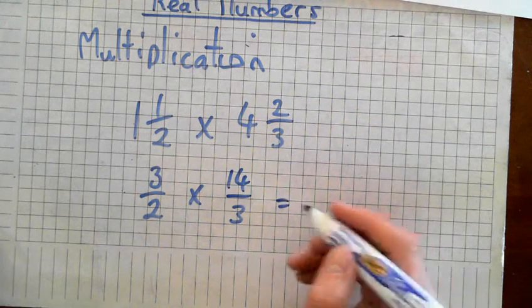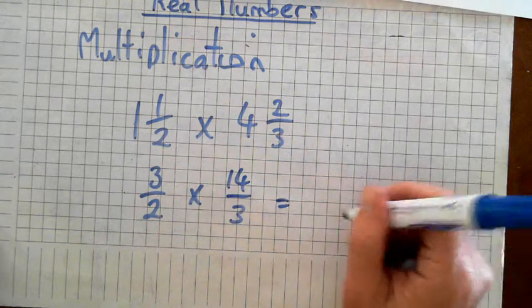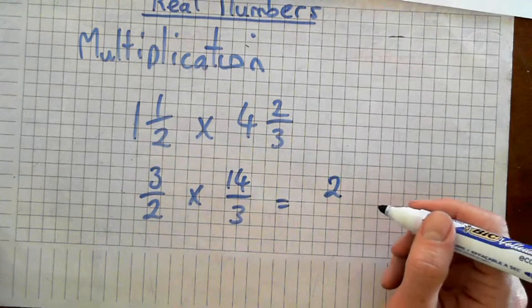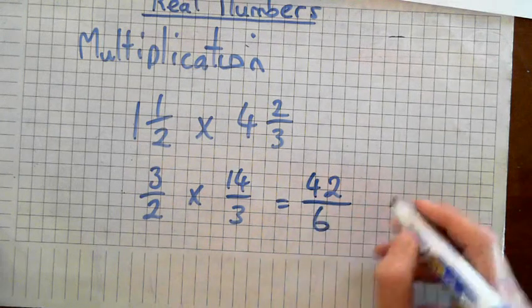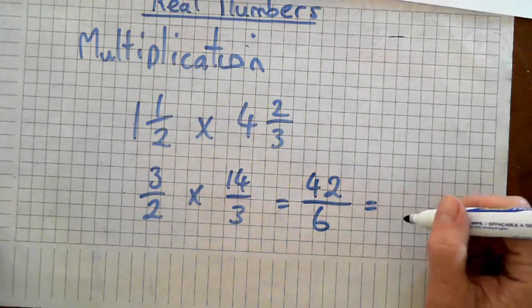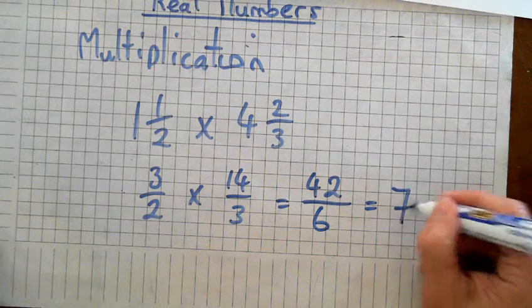Multiply the top line, 3 14s, 42 over 2 times 3 is 6. Will 42 divide evenly by 6? Yeah. The answer is 7.